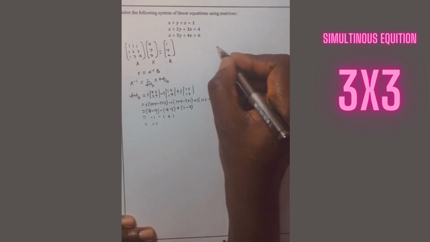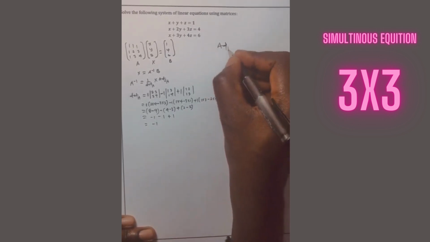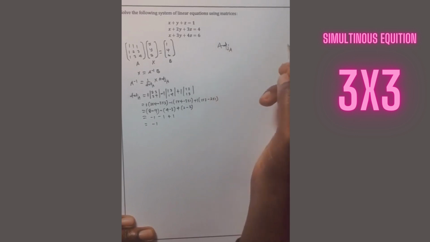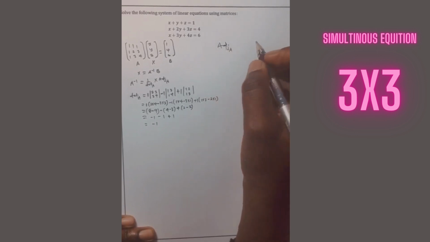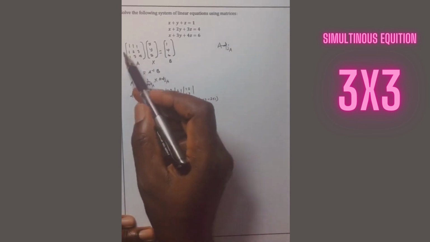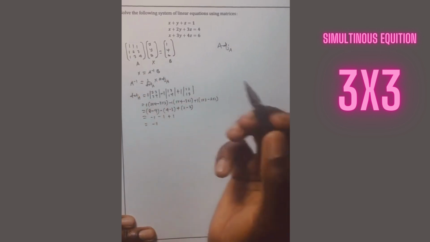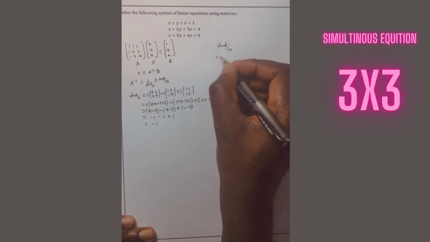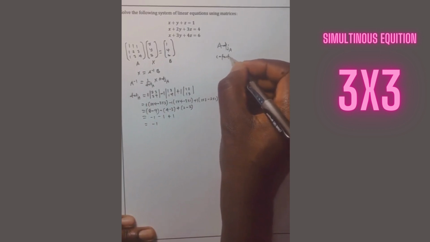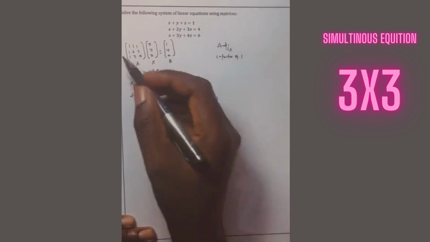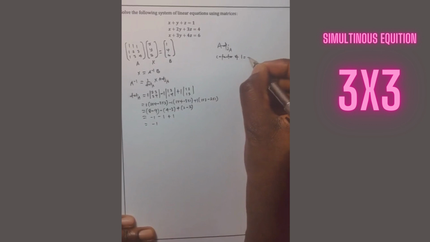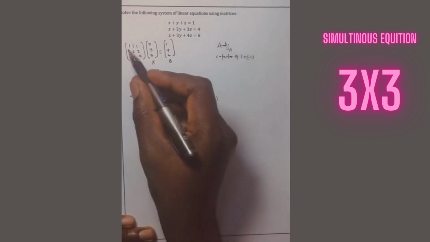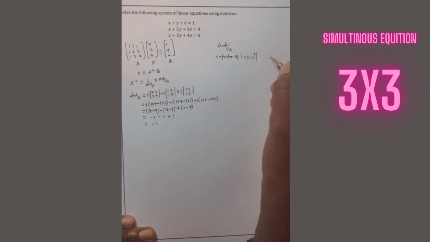So for the adjoint of A, we are going to look for the cofactors of all the entries in that particular matrix. So let us start with the cofactor of 1, the first one there. That will be negative 1 raised to power, it is in row 1, column 1, that is power 2.